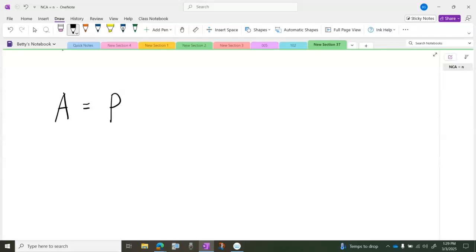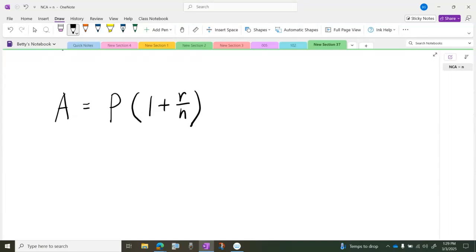This P is your original principal, how much money you put in the account originally. Every time the interest is compounded, you multiply your principal by the compounding factor once.